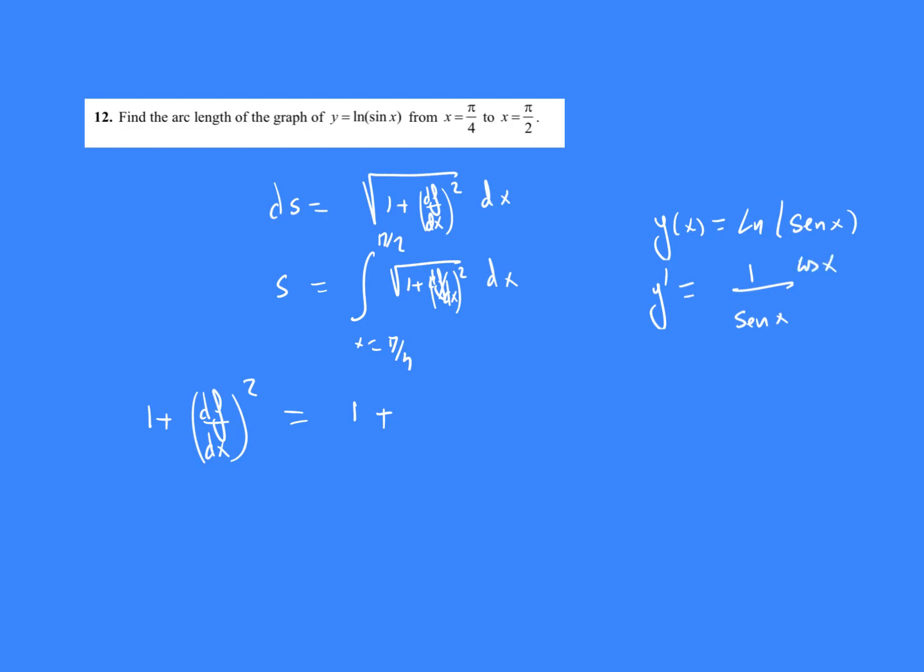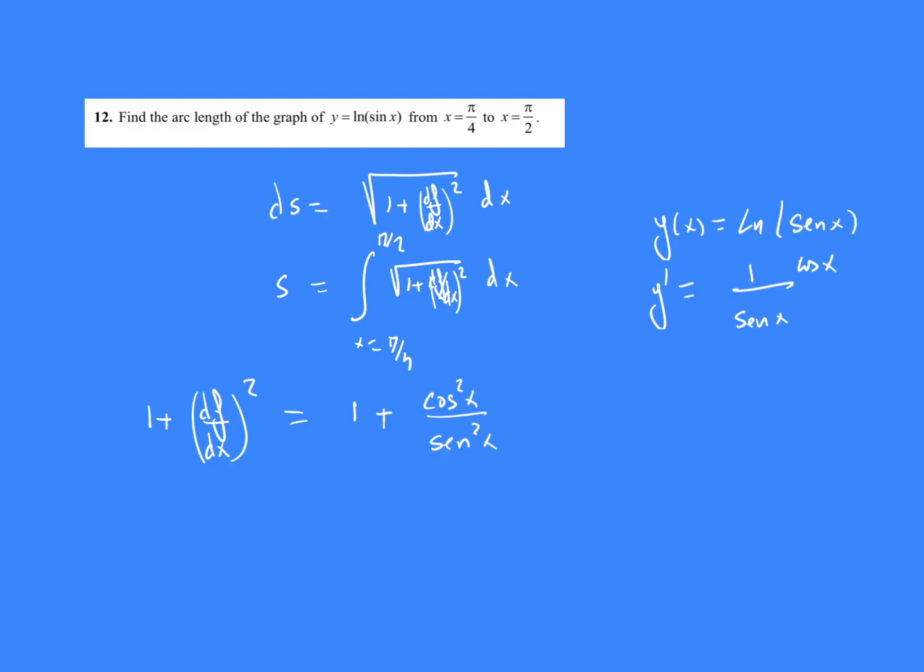So y prime squared will be cosine squared of x divided by sine squared of x.